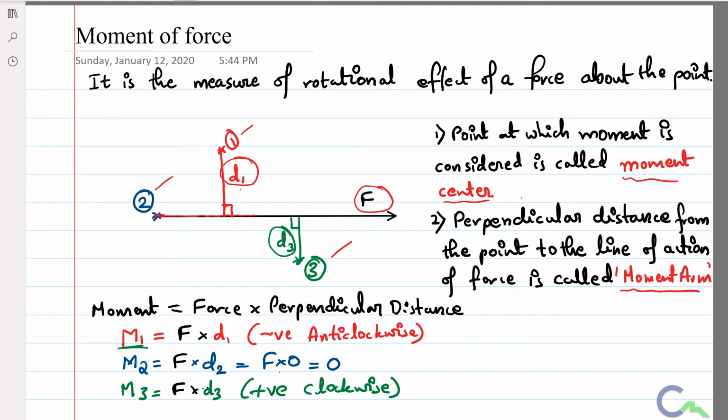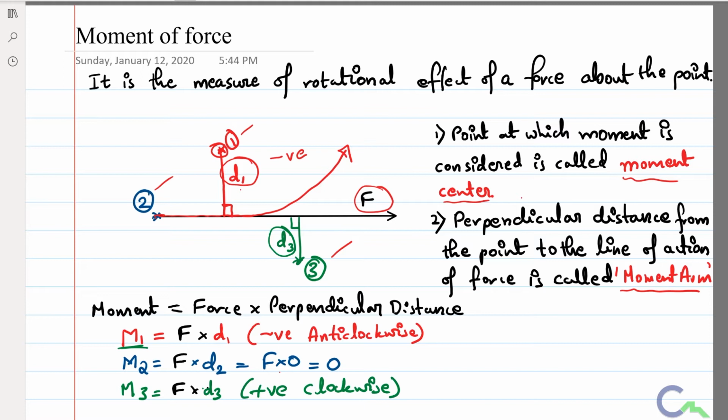The moment center is here, the force is here, F into d1. If I apply this force about this point, it is going to rotate this point in this direction, that is anti-clockwise. I can call it negative. If any force is trying to rotate any point in the anti-clockwise direction, I have to consider it as a negative moment.